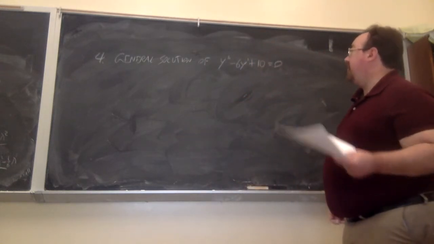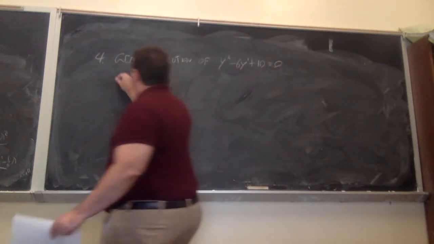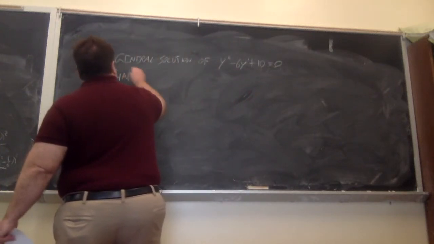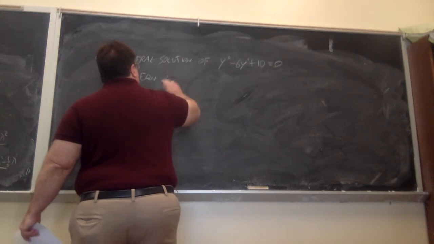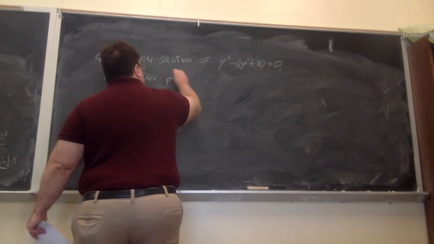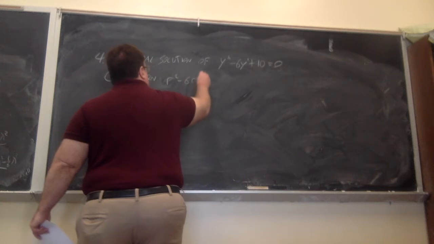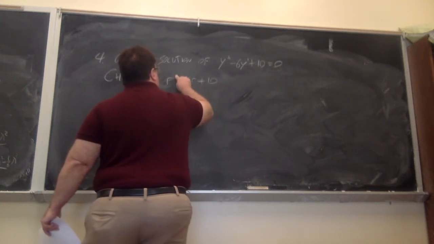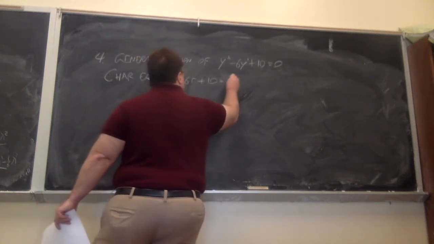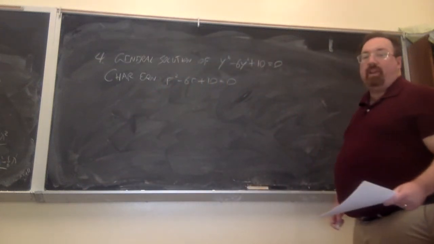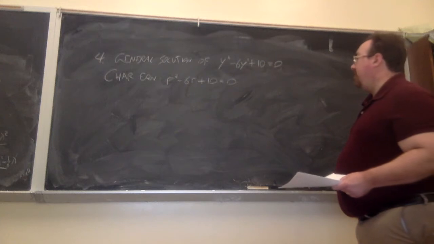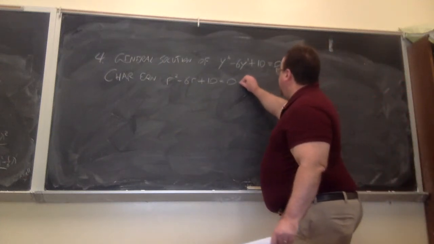So once again, you find the characteristic equation. So r squared minus 6r plus 10 is equal to 0. This is one that does not factor nicely, so we go ahead and use the quadratic formula.